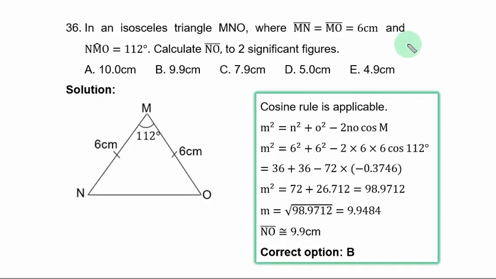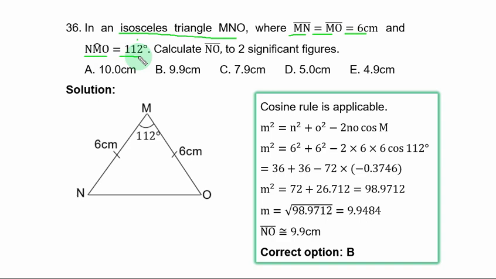Question 36. In an isosceles triangle MNO, where MN equal to MO equal to 6 cm, and angle NMO is 112 degrees.